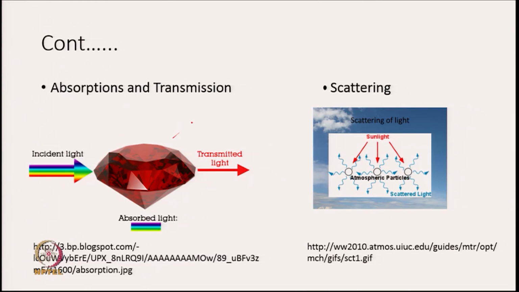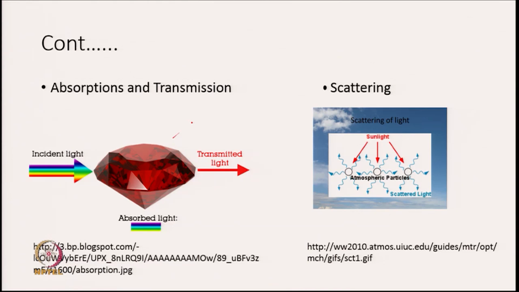When light is incident on this kind of gem, it transmits only the red color, and that is why it looks red. Other colors are absorbed. The color can also be due to scattered light.